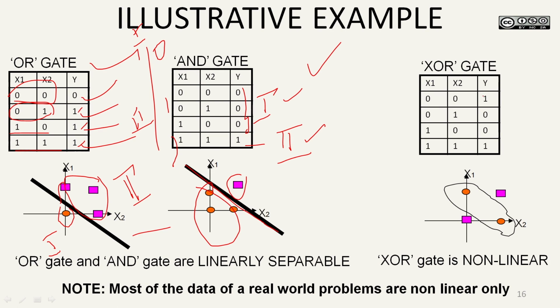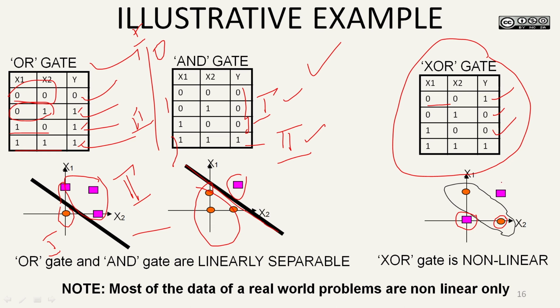But when coming to the XOR gate, if you plot the values likewise for the OR gate and AND gate, for 0 0 the output is 0, that is the x1 plane 0, the x2 plane 0, and that gives this pink square. For 0 1 it is 1, so 0 in the x1 plane and 1 in the x2 plane, this gives this orange.